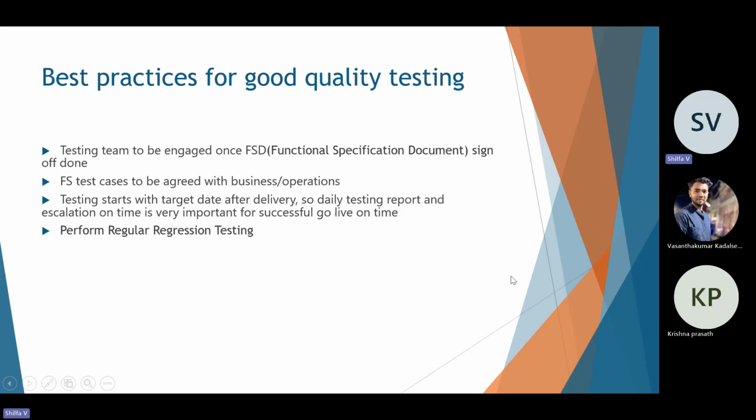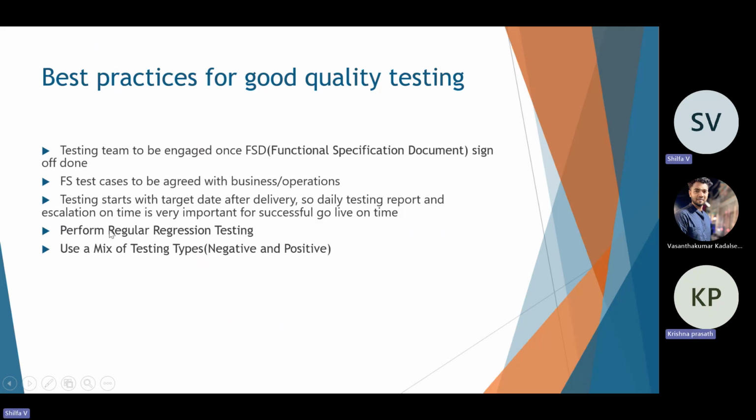The test cases which you have written need to be agreed and signed off by business or operations. Testing starts with the target date after delivery of the application, and we need to provide the daily testing report and the escalation status on time, because if we provide it on time, the go live will be on time.